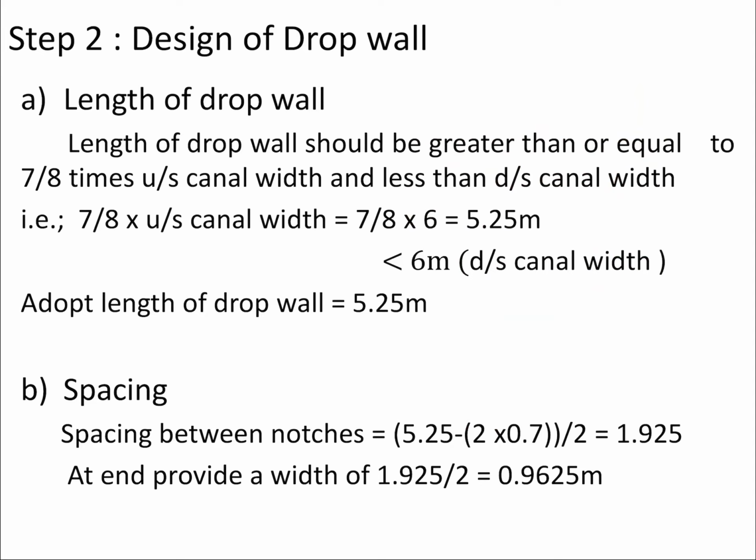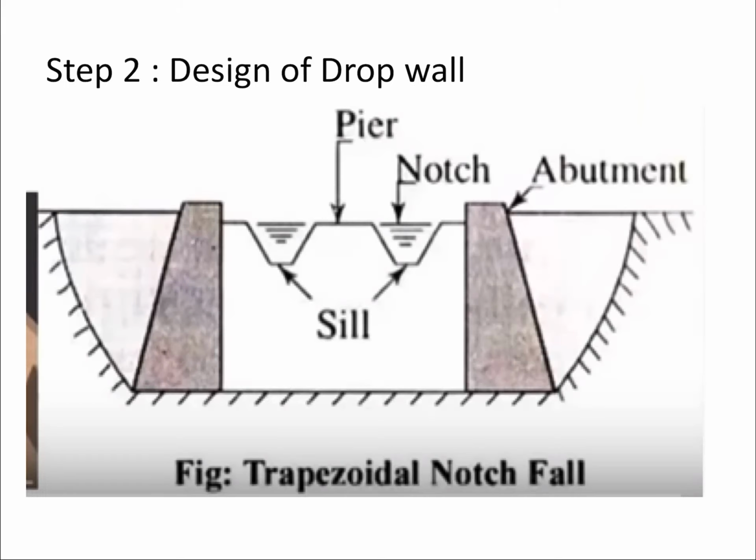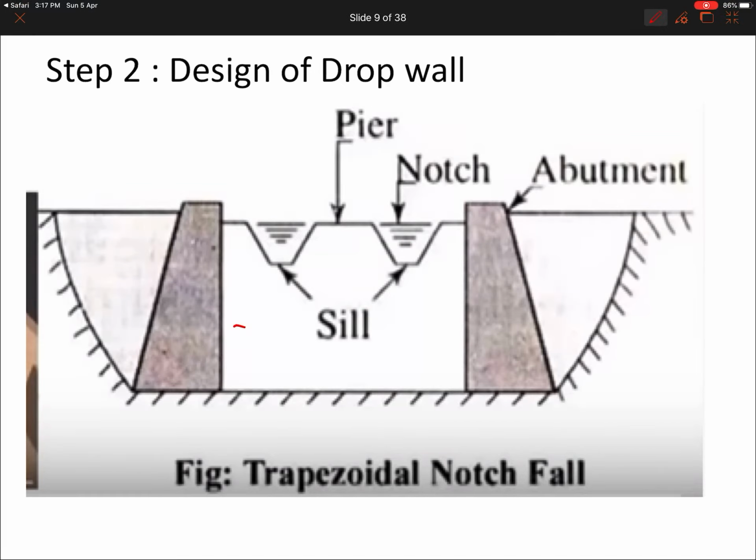Next, we want to fix the spacing between the two notches. Here we are having two notches. The total length is 5.25, and this top width is 0.7.